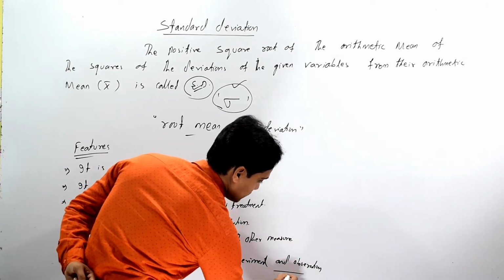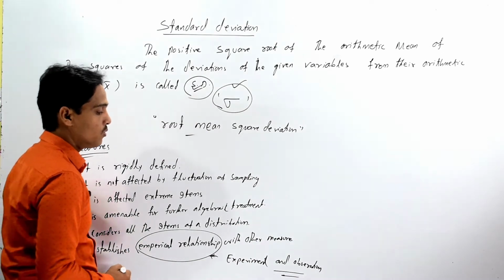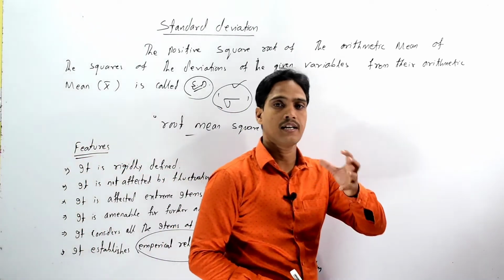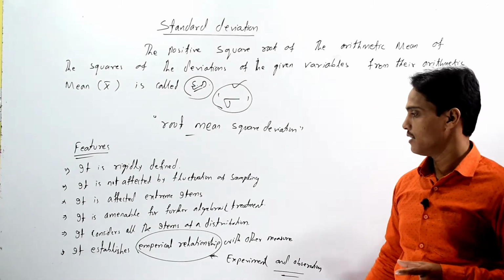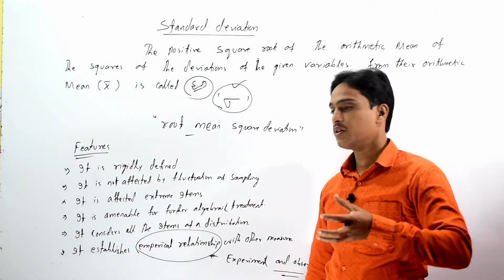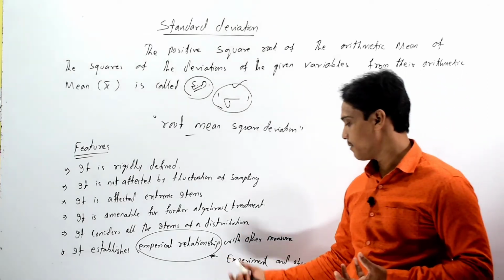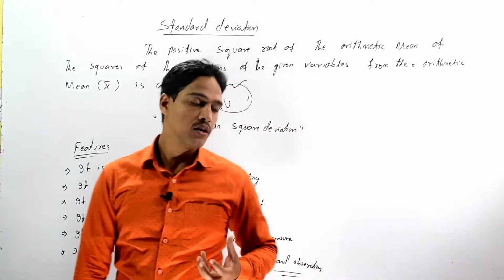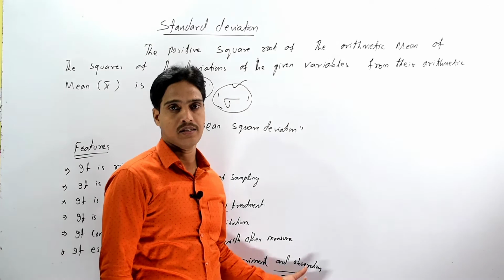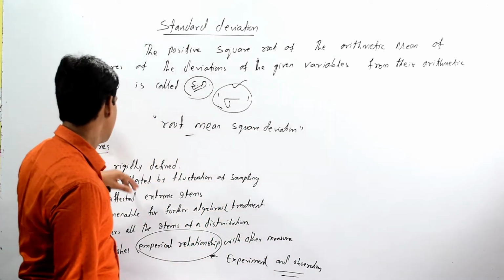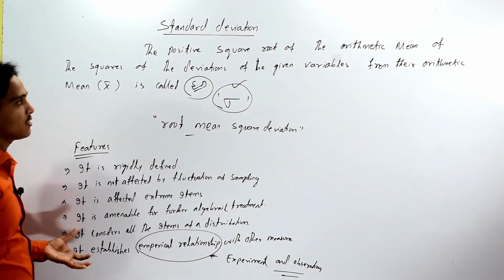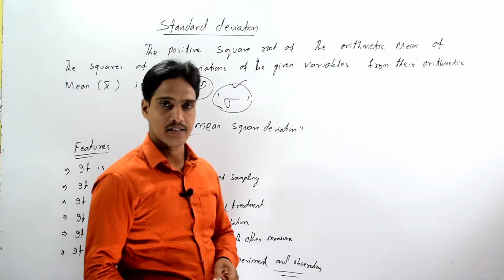That means it is not a relationship developed by theory. The relationship with other measures is developed through experiment or through observations, not by any theory. So these are the features of standard deviation.